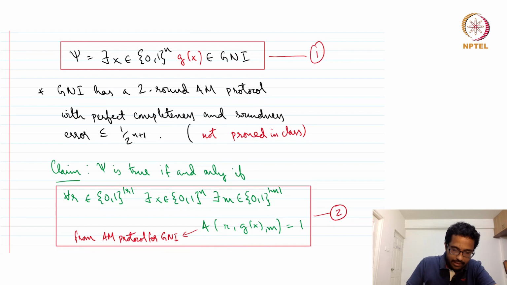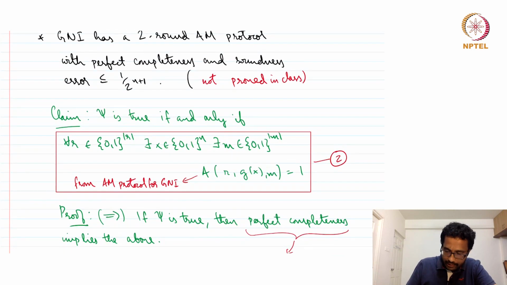So psi was, to begin with, an arbitrary language or arbitrary thing to check from sigma 2, and now we have this equivalent characterization, box 2, for psi. Notice what we have here.